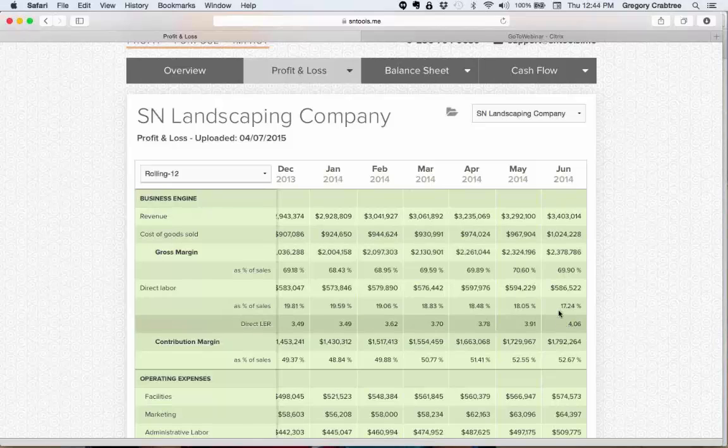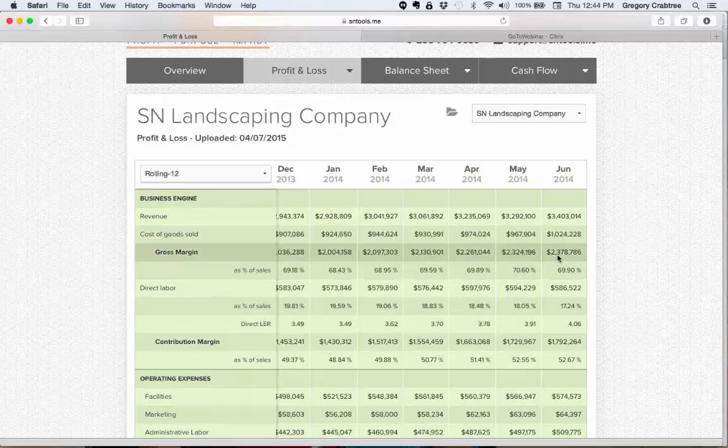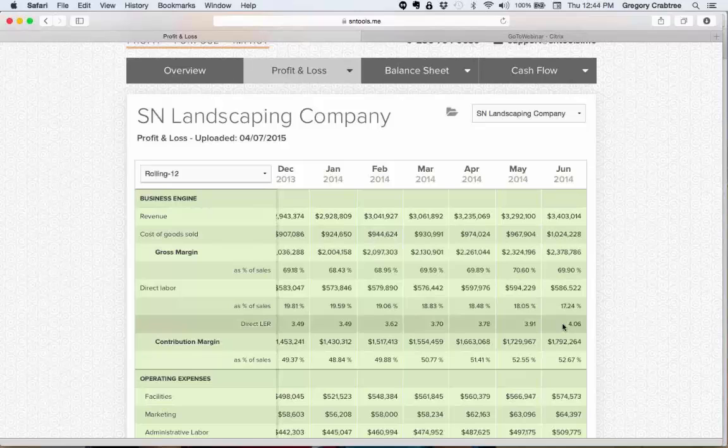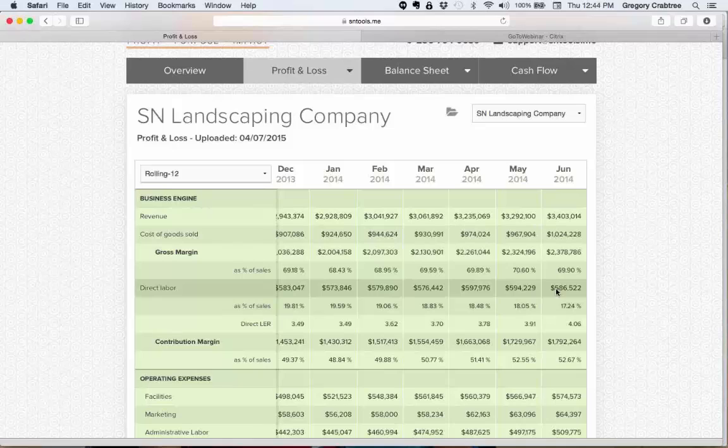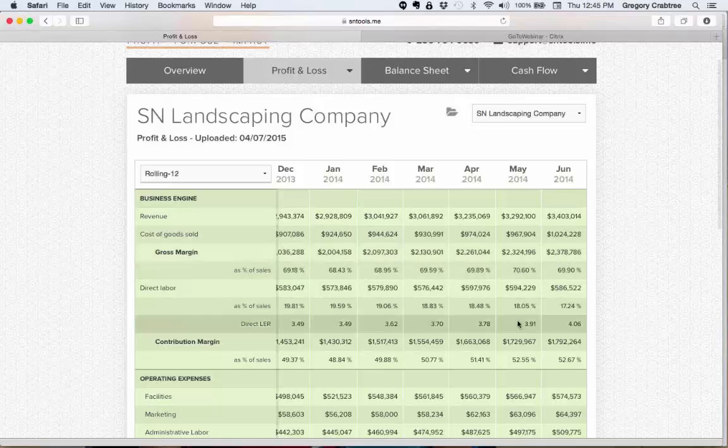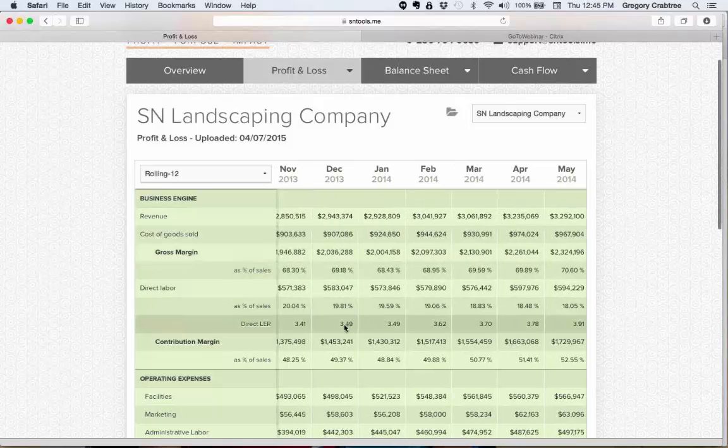They're getting more gross margin performance out of every dollar of labor spent. So in the end, out here, they're doing $4. For the $586,000 that they spent in direct labor, they got $4.06 of gross margin, versus back in December of 13, when they were doing 3.49.